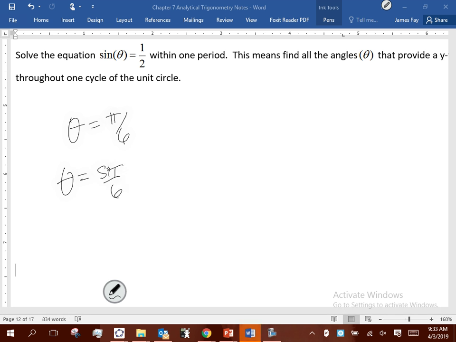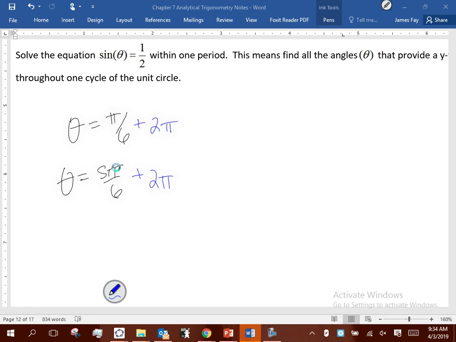But those are only two solutions between 0 and 2 pi. A lot of times we're interested in infinite solutions. So to find another solution, I add 2 pi. Does that make sense? And that's going to give me a total of 1 solution, 2 solutions, 3 solutions, 4 solutions.